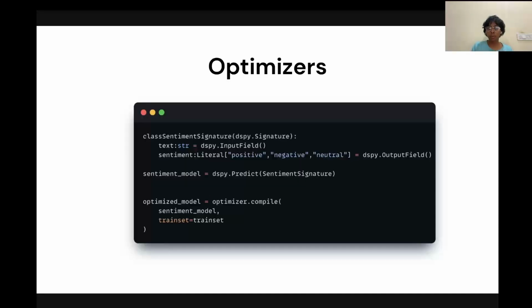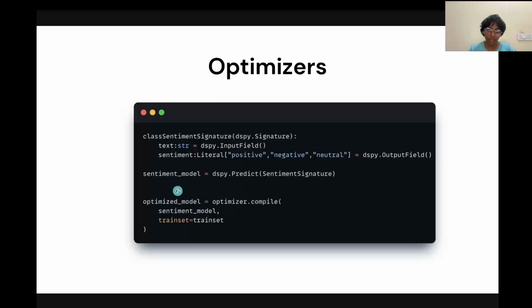Now, how do we code optimizers? This code was previously shown in the video, and here's where we're going to focus. Now we're going to create a variable, optimized model. There we'll use this word called compile. So DSPy is freezing the best performing prompt strategy into a reusable program. From this point on, every call uses the most optimized prompt.